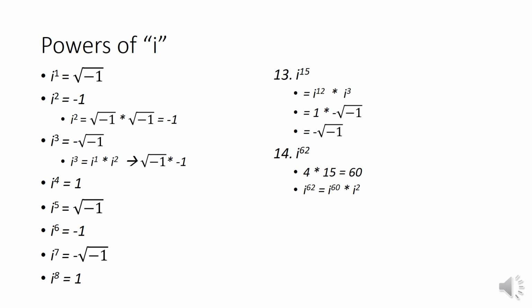And we know that because 60 is divisible by 4, that i to the 60th power is just going to be equal to 1. And we know that i to the 2nd is equal to negative 1. So i to the 62nd power is 1 times negative 1. And so that means it's just equal to negative 1.